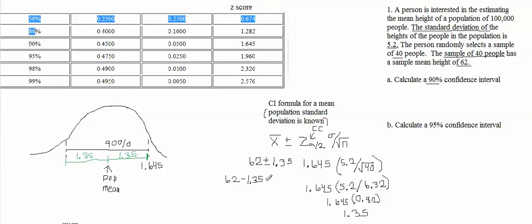When we subtract, we get 60.66. And when we add, we get 63.35.